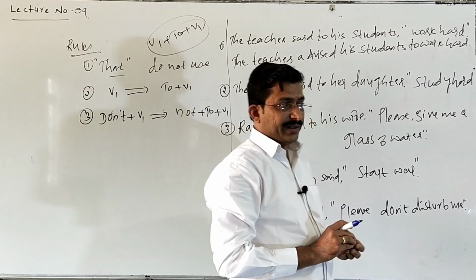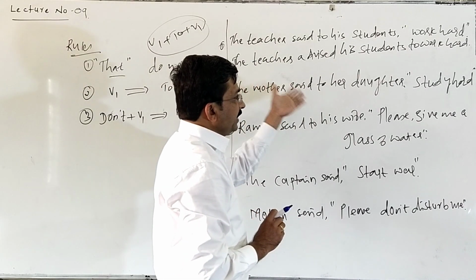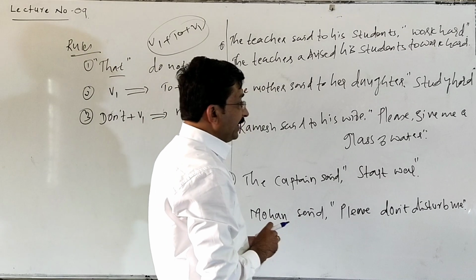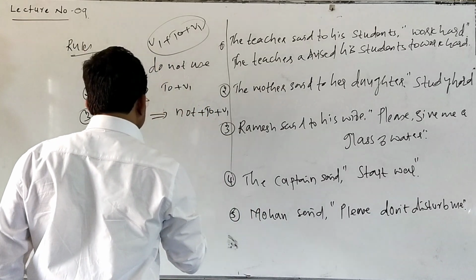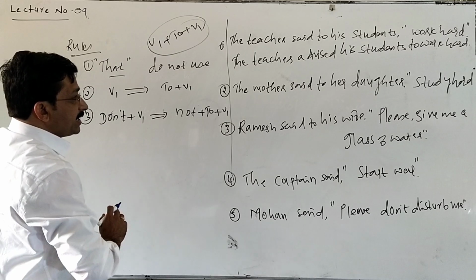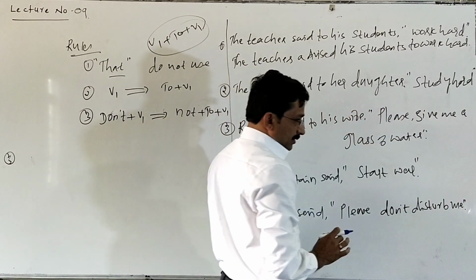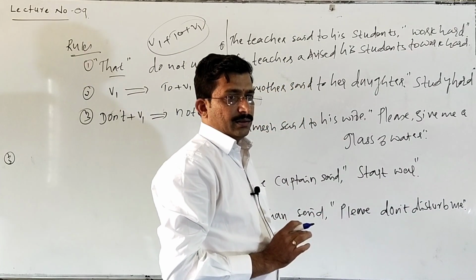So next one, based on the condition, v1 finite to infinitive to plus v1. Then the third one, Ramesh said to his wife. What does the context say? "Please" is not an order or command.